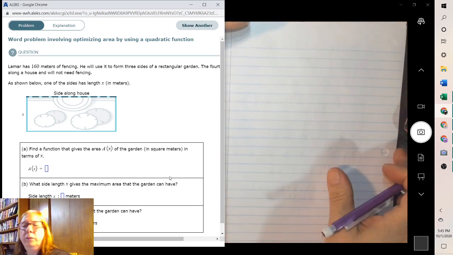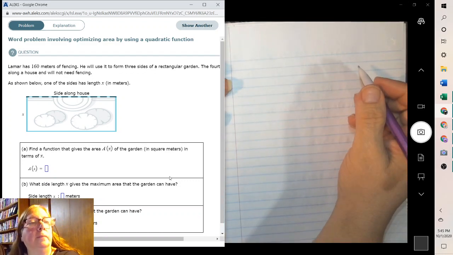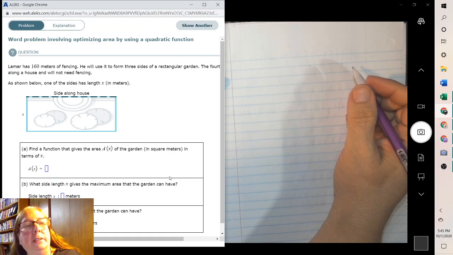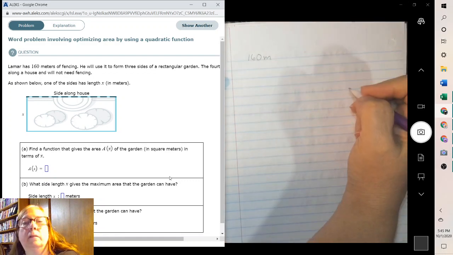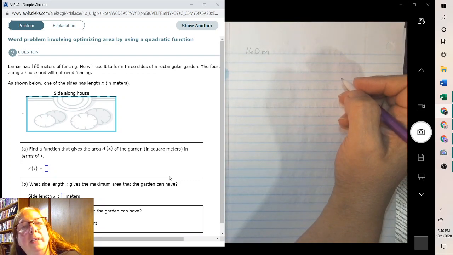These ones, most of them, I think you're using area and perimeter, and then you plug one into the other to solve. Lamar has 116 meters of fencing. He will use it to form 3 sides of a rectangular garden. The 4th side along the house will not need fencing.